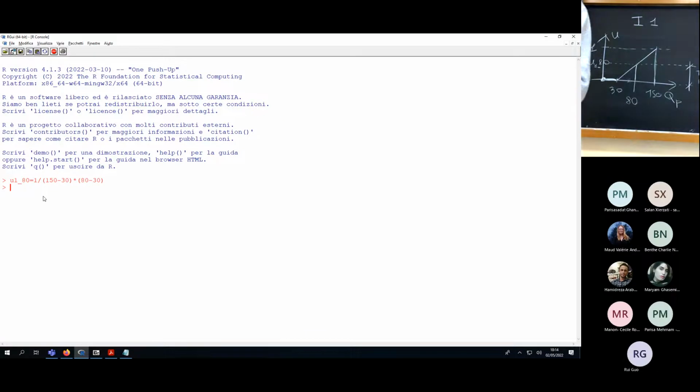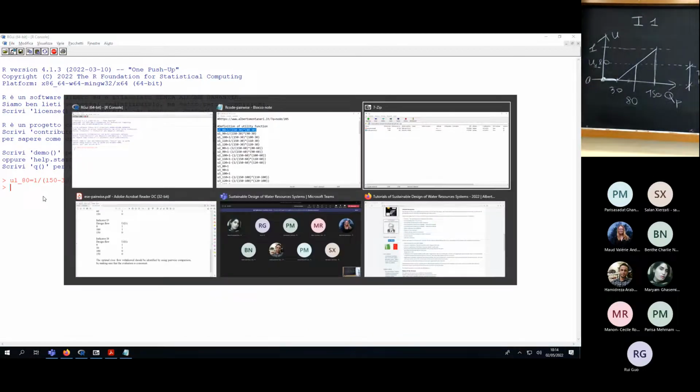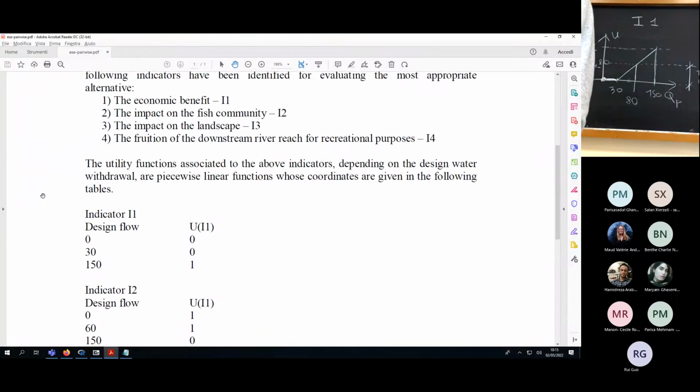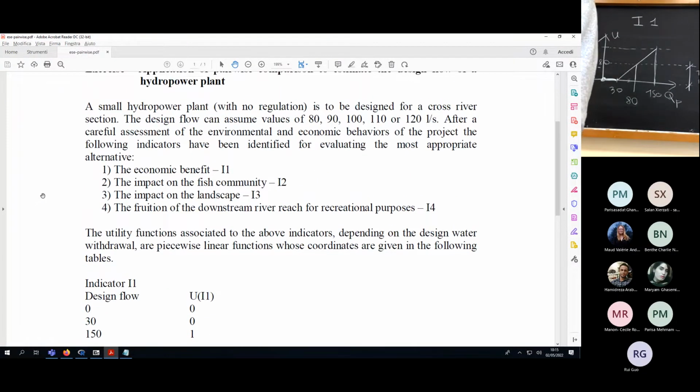And this has to be done for the other design flows. So what is the second alternative? Let me just check on the PDF. The second alternative is 190.